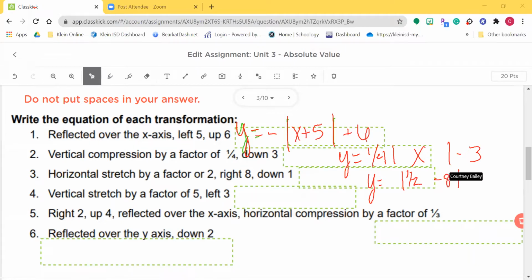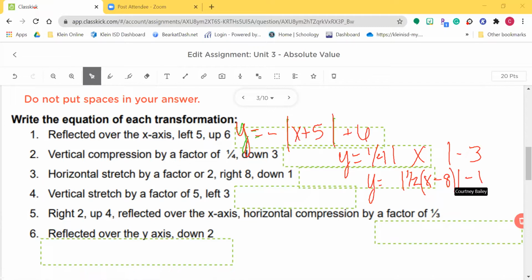Minus 8. I have to have an X. Down 1, inside, outside? Outside. Plus or minus? Minus. Why is nobody in my class answering? Oh, 1/2 can't touch my X, so what do I have to do? Add my parentheses. Very good.